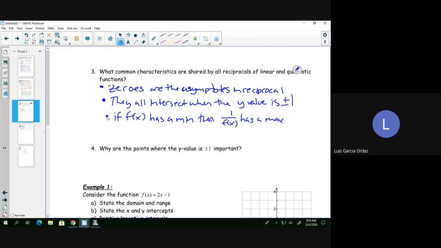Okay, and what we said from the previous question, the plus and minus intervals are the same. And what we figured out is when f of x has an increasing interval, then 1 over f of x is decreasing, and vice versa.